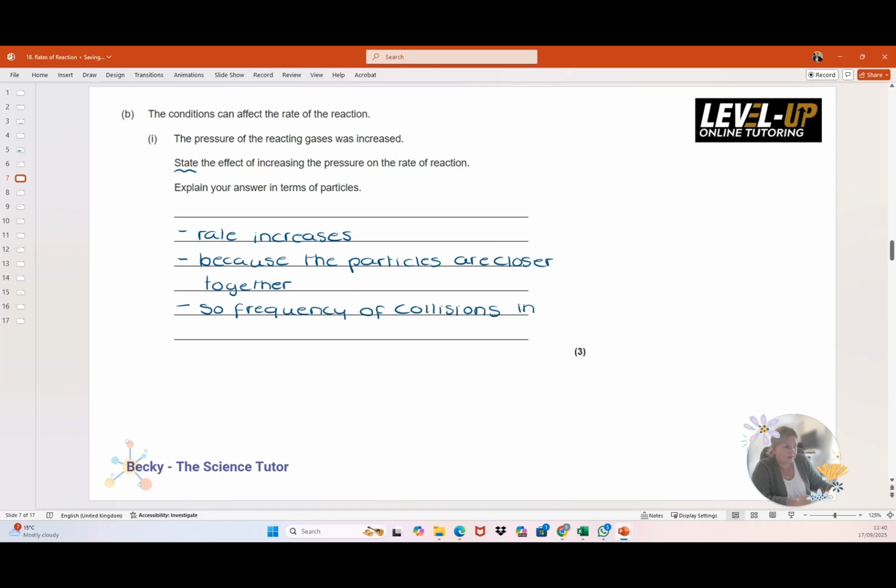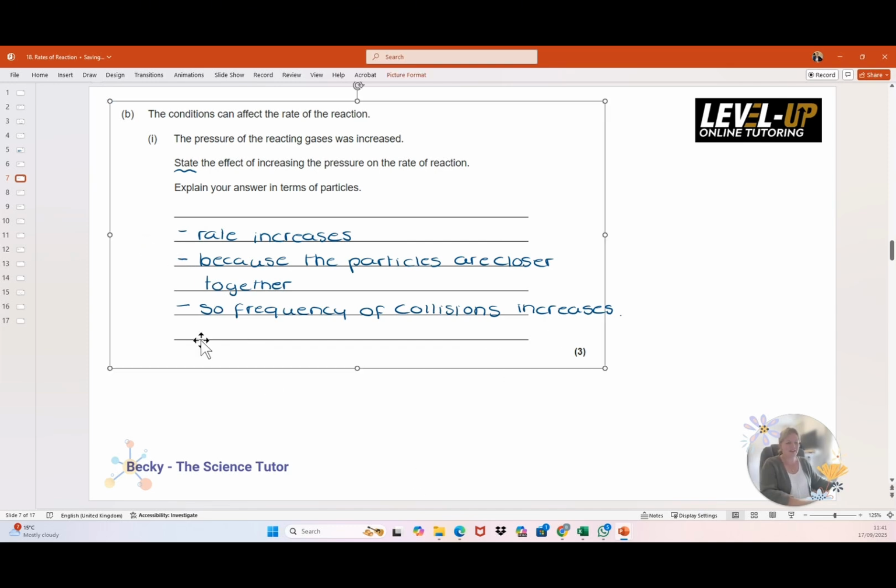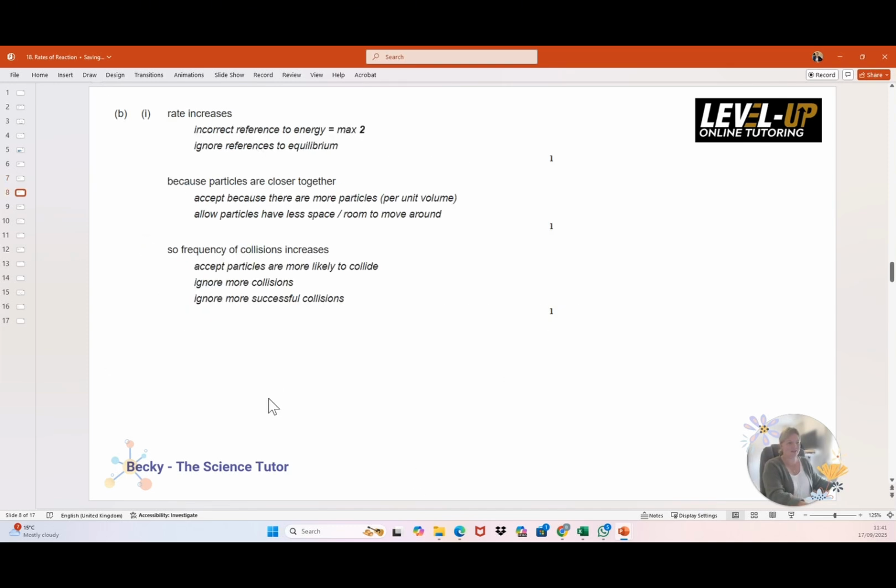And if we've got more collisions, we're more likely for those to react together, and therefore the reaction goes faster. I've completely lost my train of thought now. There we go. Okay, so let's have a look at the next one.